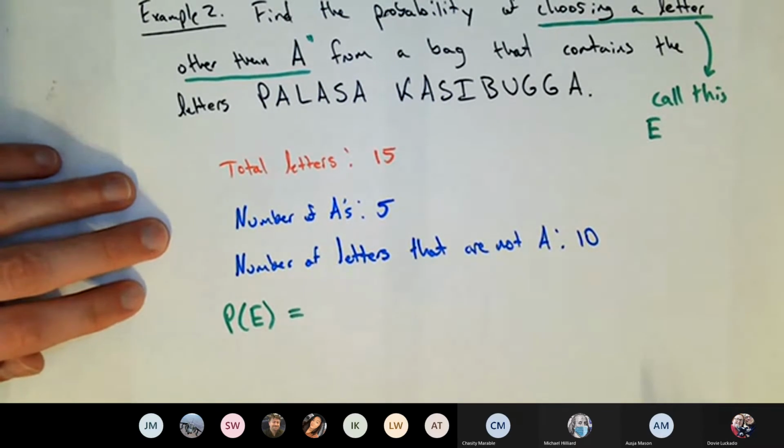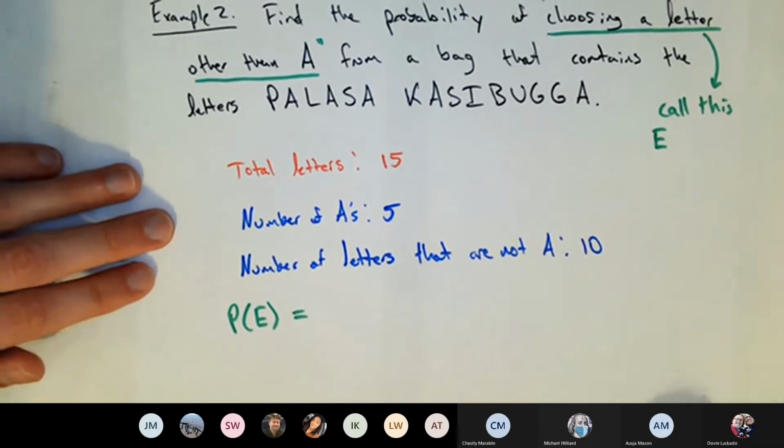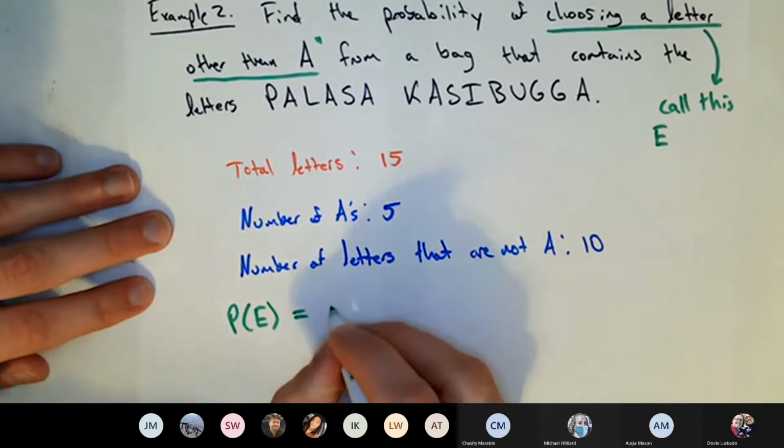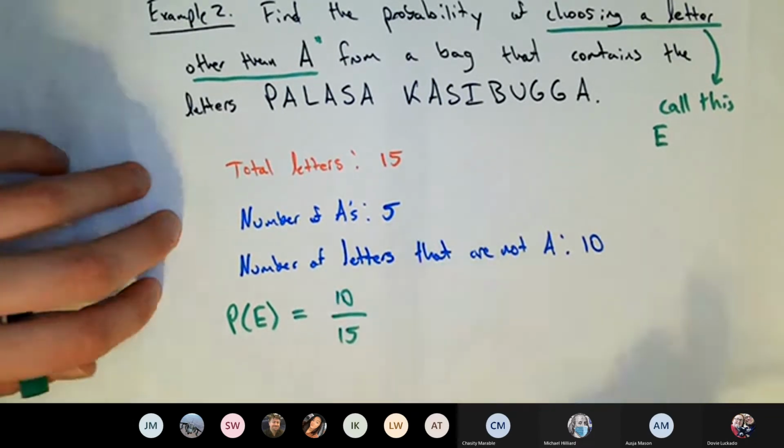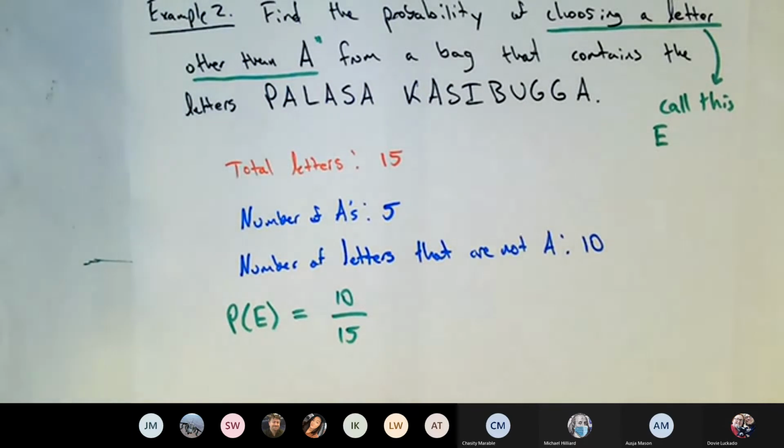And that's going to equal the number of ways to choose a letter that's not A, which is 10, divided by the total number of possibilities you can choose from, which is 15. Now the problem says to give your answer as a fraction in simplest terms, or a decimal rounded to the nearest millionth.